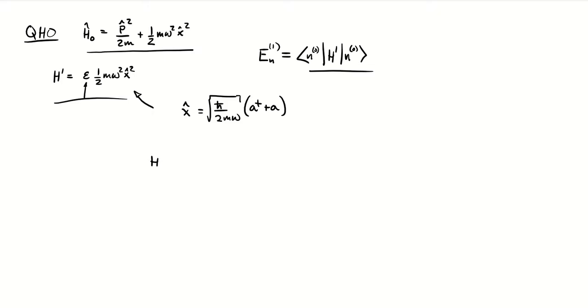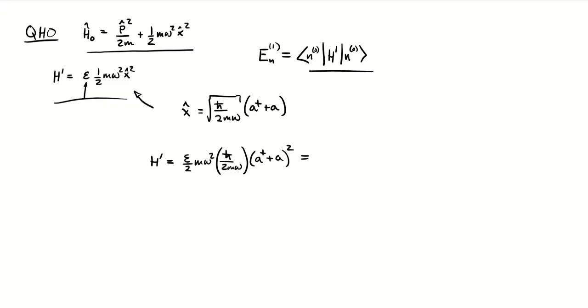So our perturbation Hamiltonian in terms of those operators is just epsilon over 2 m omega squared times h bar over 2 m omega times (a dagger plus a) squared, right?